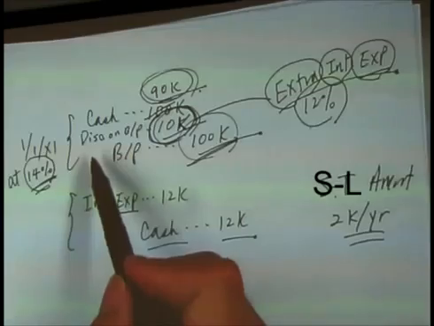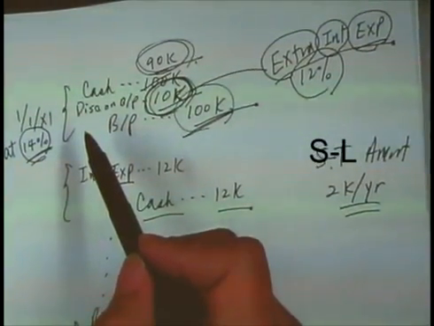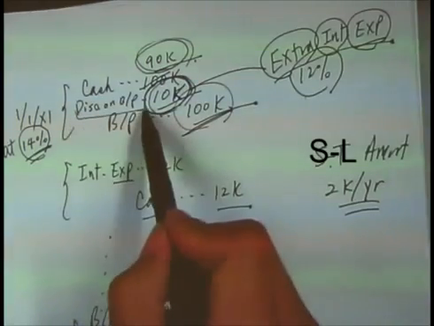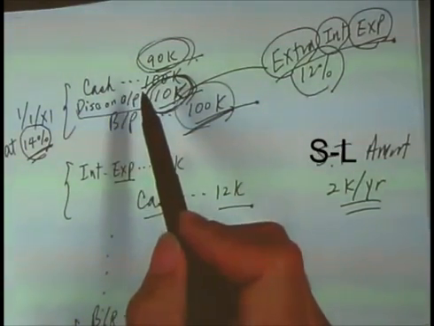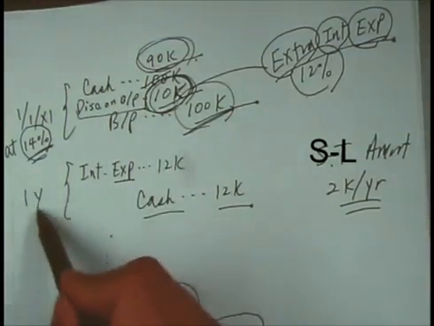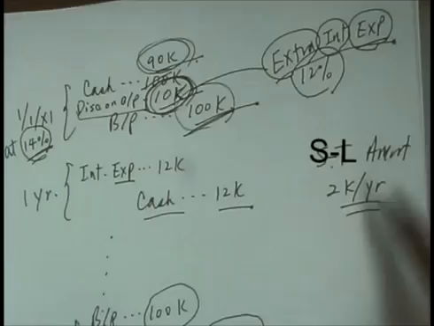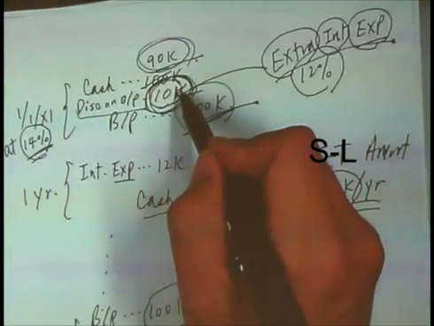So contra liability, as some of you said earlier, discount on bonds payable. This number has to go up or down. The first year, down by 2K. So how do you make 10K to 8K?